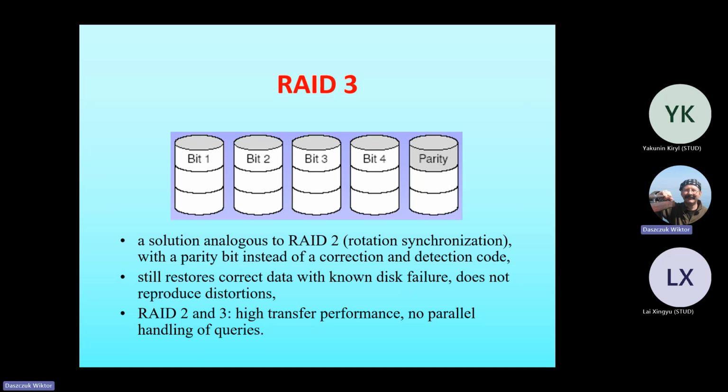Okay, we can say that if data is corrupted, we know that it is corrupted if 1 bit is corrupted, because if there are 2 bits corrupted, parity does not help. So if 1 bit is corrupted, we know that the entire data is corrupted, but we don't know the number of bits that is wrong.